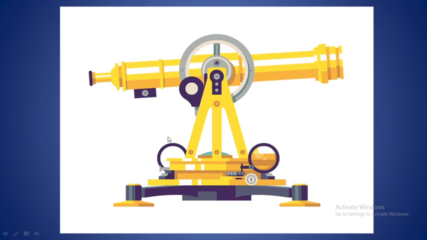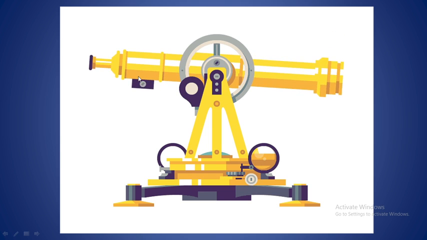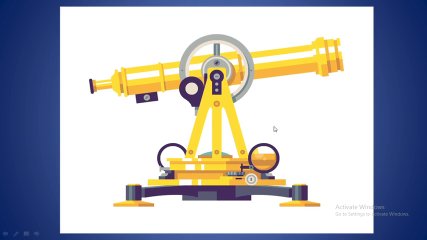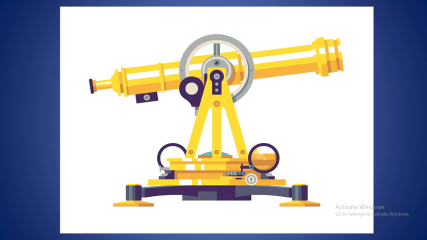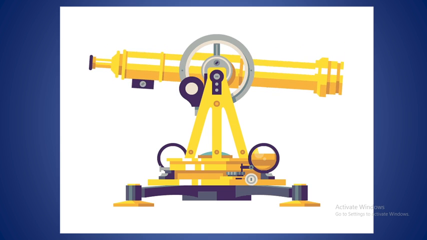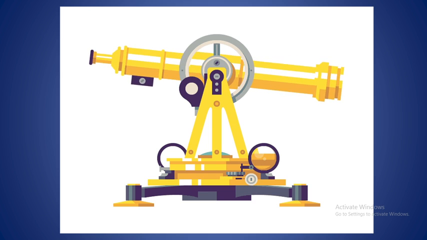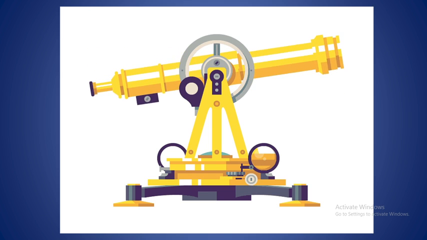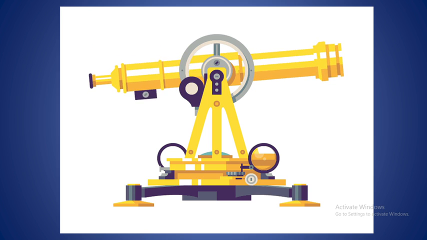But in the dumpy level, you cannot reverse or move the telescope in vertical plane. You can only rotate the telescope in the horizontal plane through vertical axis, but you cannot rotate the telescope in the vertical plane through horizontal axis in dumpy levels.